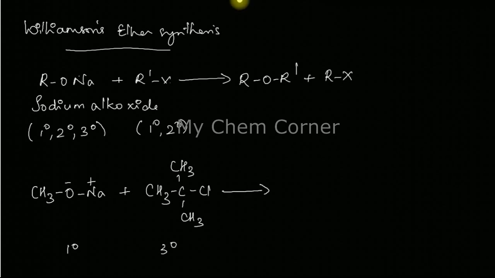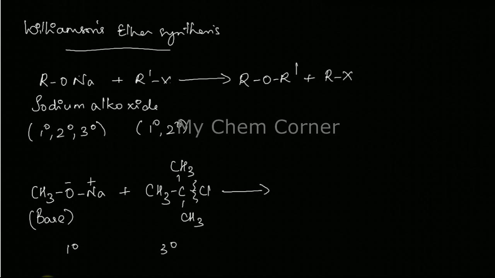Now when I do the reaction, when this Cl bond breaks, what is the nature of the carbocation in this alkyl halide? It is a tertiary carbocation, and we all know that tertiary carbocations are highly stable. Because of that, your alkoxide will no longer act as a nucleophile and form ether. Instead, it will start acting as a base.